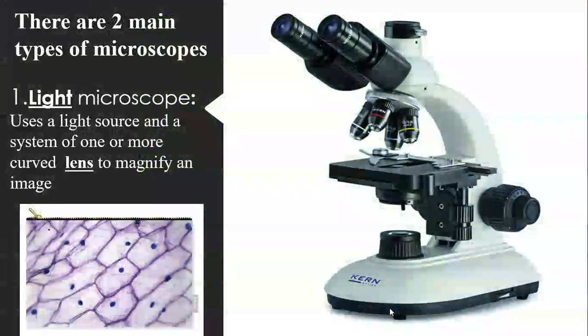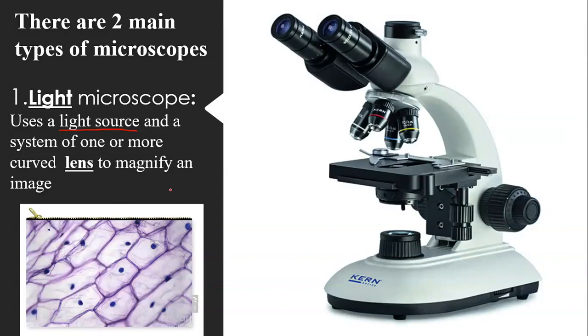Okay, category number one, and this is what we will be using in the lab. And if you go to university, your first couple of years in biology labs, you'll be using this microscope as well. And it's called a light microscope. So light microscopes, like the name says, use a light source, visible light, and a system of one or more lenses to magnify an image.